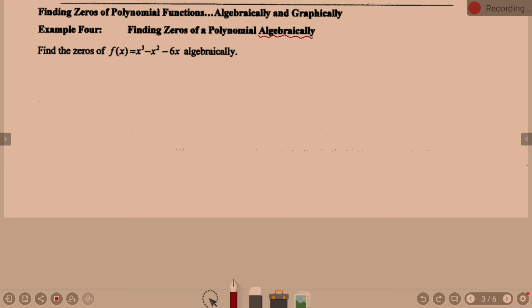Find the zeros of f of x equals x cubed minus x squared minus 6x algebraically. Algebraically means we're not graphing it, we're not picking up the calculator. We'll talk about that in the future. What do I mean find the zeros? One way to think about it is x-intercepts.